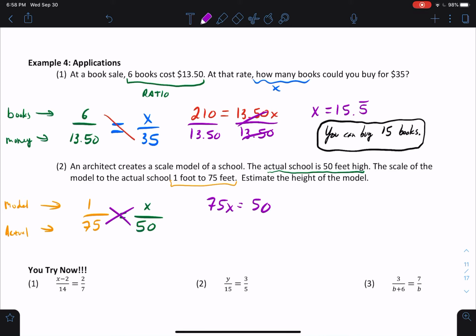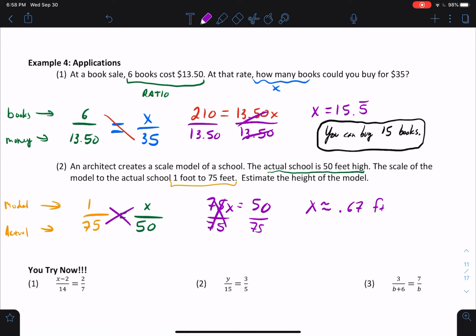We get 75x equals 50. Divide both sides by 75. And we'll get x equals around, so I'm going to use my approximately. I'm not going to use my equal signs. I'm going to use my approximately signs, little squiggly marks. All right, 0.67 feet.